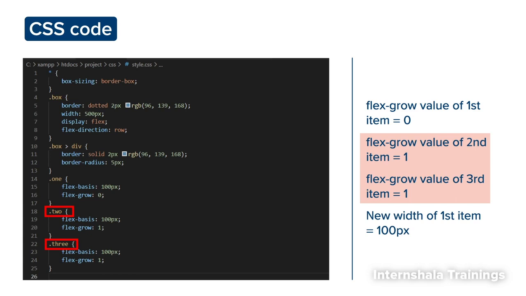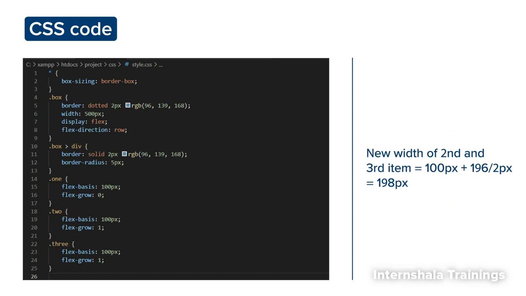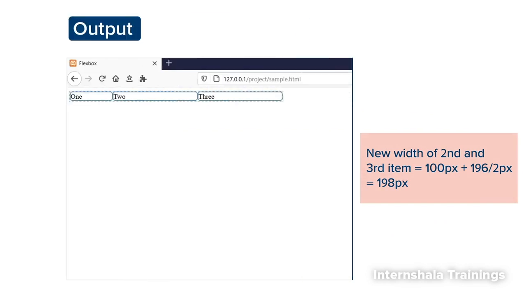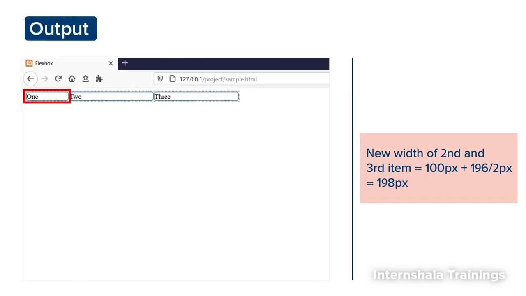This means the available space of 196 pixels will be distributed to both these items in a ratio of 1:1, that is equally. So, their new width will be 100 pixels plus 196 pixels by 2, equal to 198 pixels each. Hence, the first item will have a width of 100 pixels and the second and third items will be of 198 pixels each.